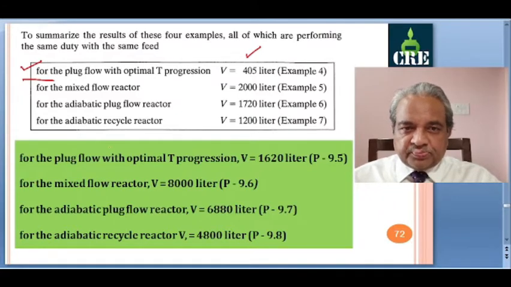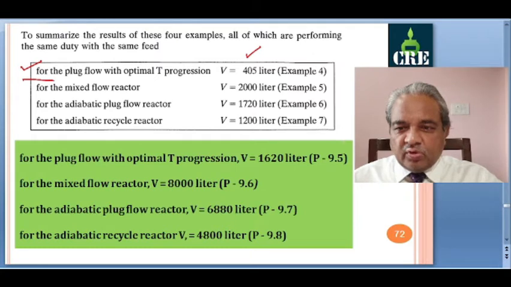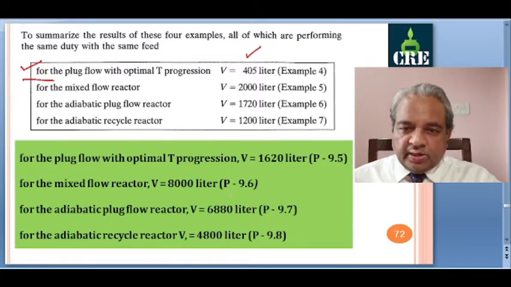Then for examples, based on these solved examples, we have problem 9.5, 9.6, 9.7 and 9.8. So with optimum temperature progression, we have now used Ca0 equal to 1 instead of Ca0 equal to 4. So multiplied by 4: 1620, 8000, 6880 and 4800.